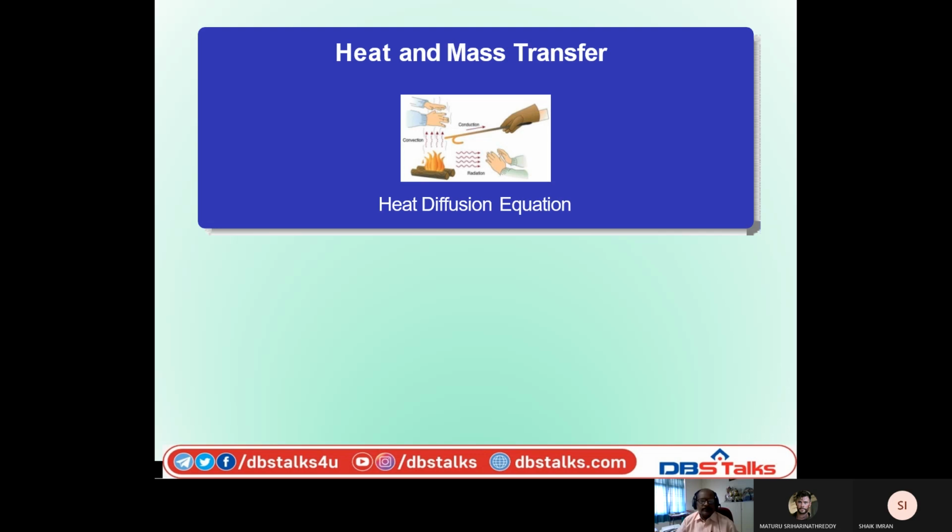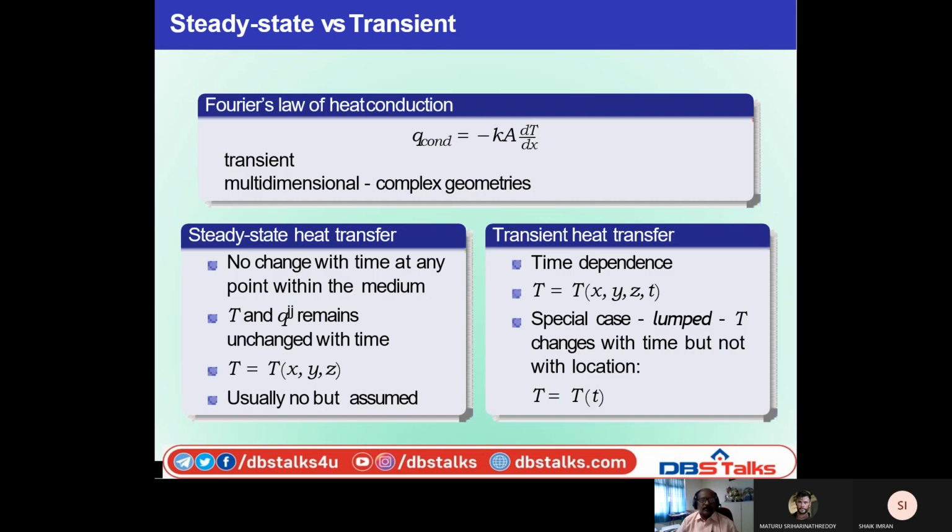So there is a heat diffusion equation. Heat diffusion is nothing but heat transfer. Diffusion means transfer. So in heat transfer, we have already discussed Fourier's equation, the rate of heat transfer through conduction.